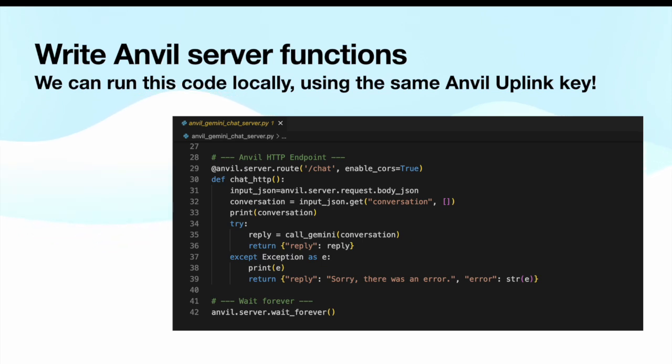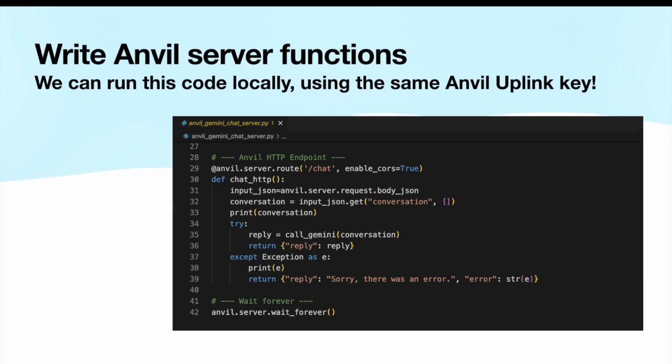Continuing with our Anvil server functions, we can run this code locally using that very same Anvil uplink key. This slide shows the HTTP endpoint. For our chat function, we define anvil.server.http.root chat, enable cors equals true. This means our function will respond to HTTP post requests at the chat path.